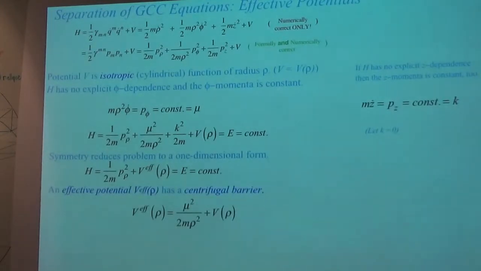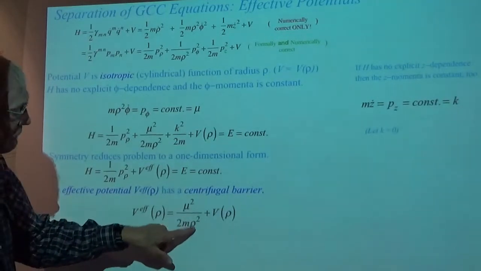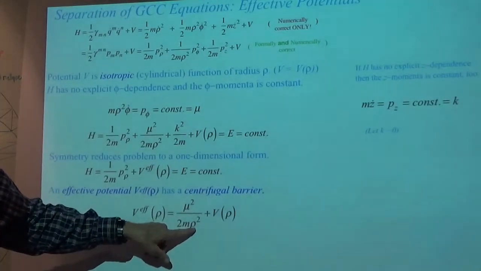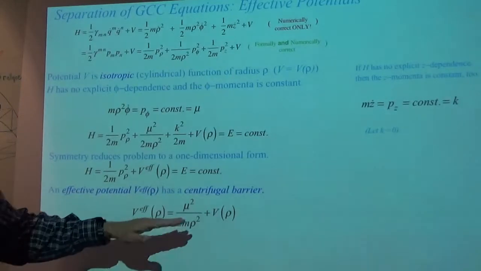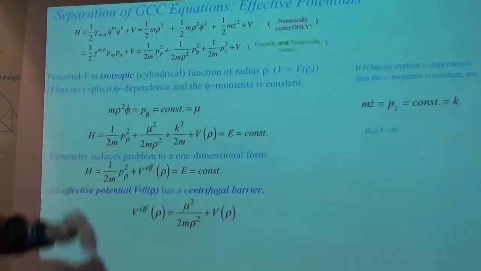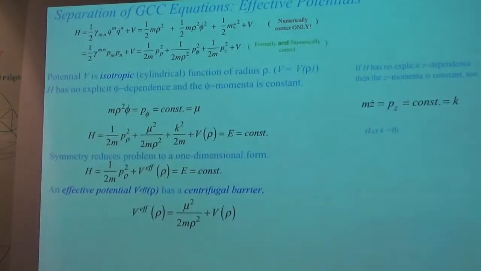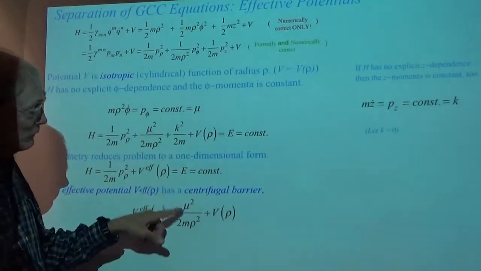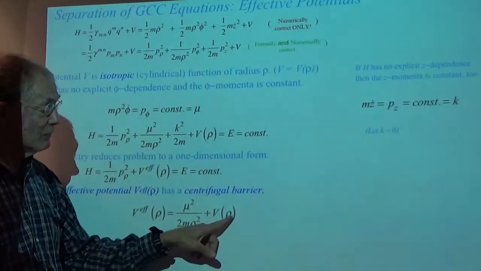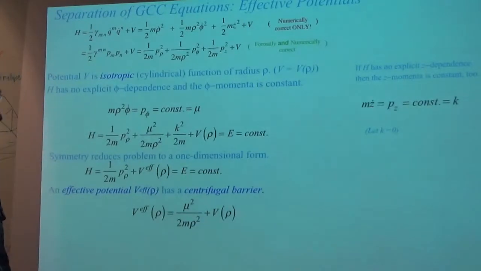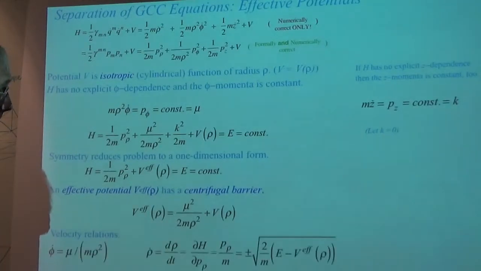The effective potential has this inverse rho squared, which is positive, so that's a steep curve that is added to whatever potential we have, whatever function v is of rho.